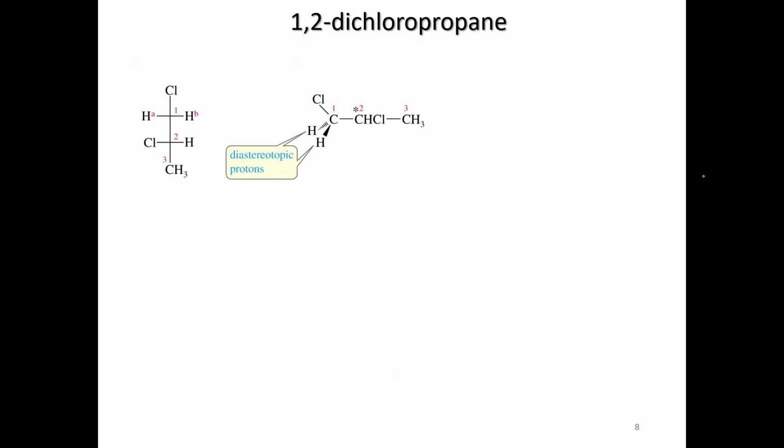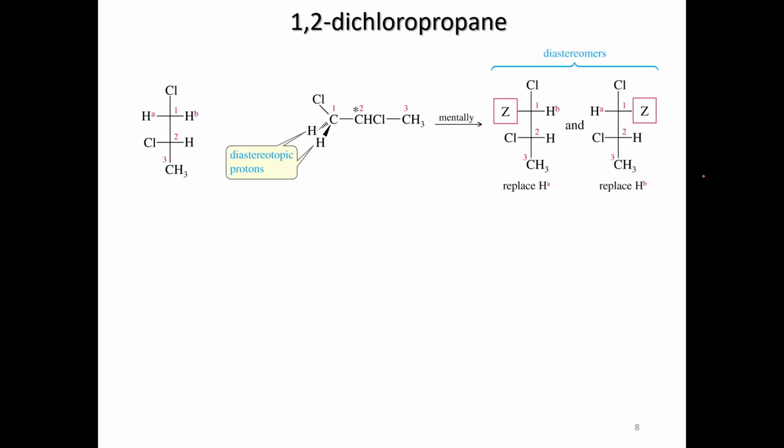If you substitute this one with any other kind of group, you create another chiral center here. In this case, instead of two chiral molecules, you create two diastereomers, which are different enough that by NMR you see different signals.